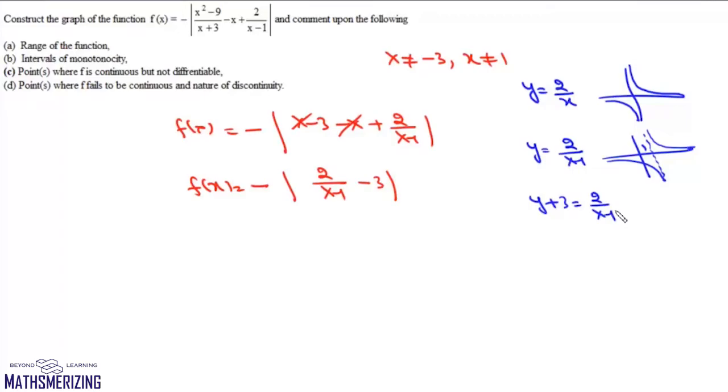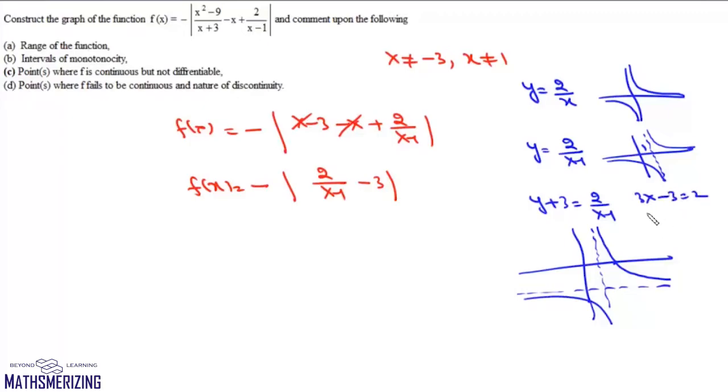So we'll shift this entire graph minus 3 units along the y-axis. So now this graph will be drawn like this. Now this point of intersection will be when y is 0. Now if we put y as 0, we'll get 3x minus 3 equals to, x is 5 by 3. So this point is 5 by 3 comma 0.